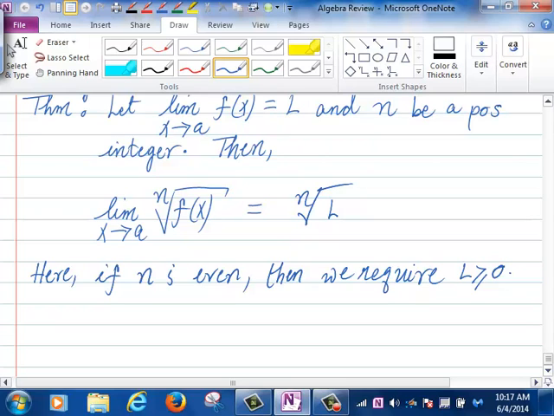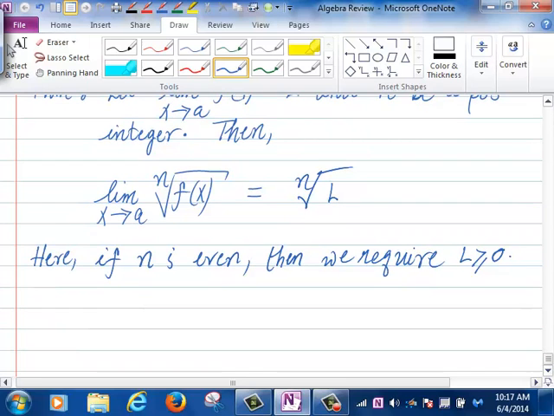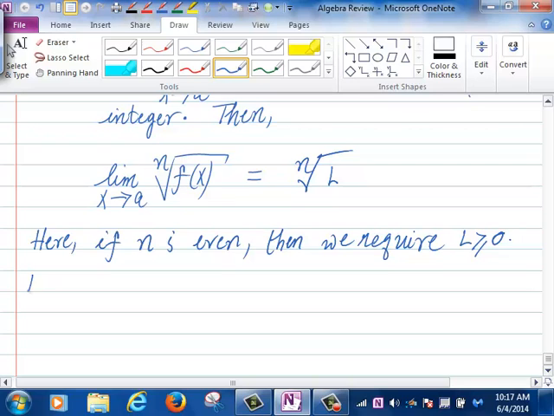Well, let's apply this. Let's say I need to find the limit as x going to -2 of the 4th root of x to the 4 plus 3x plus 6.